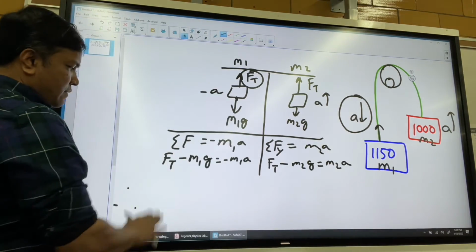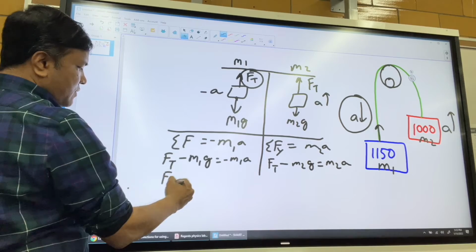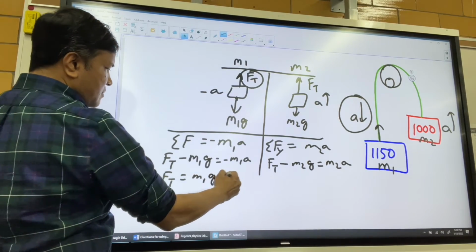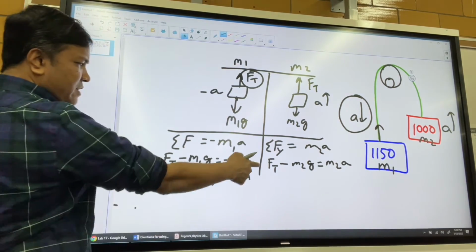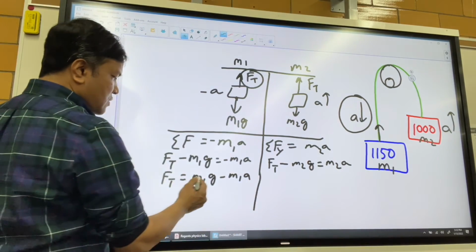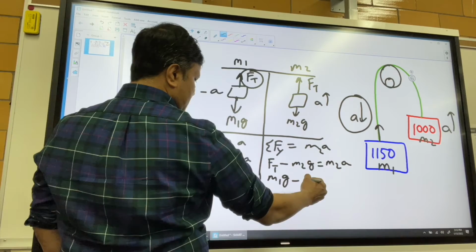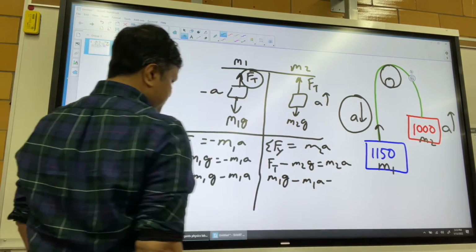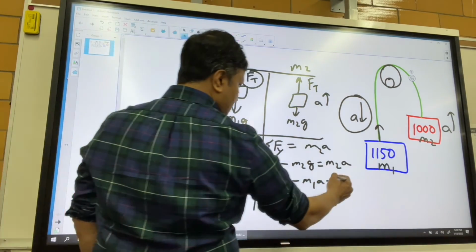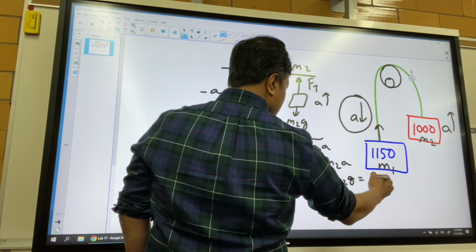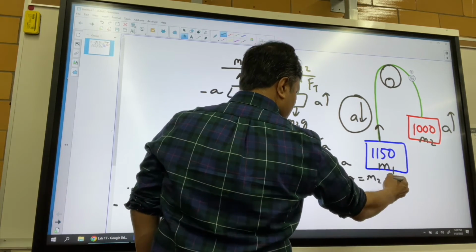Okay, now if I isolate Ft from this one, what do I get? Ft is m1g minus m1a. So I can replace this by that. So m1g minus m1a minus m2g is equal to m2a.